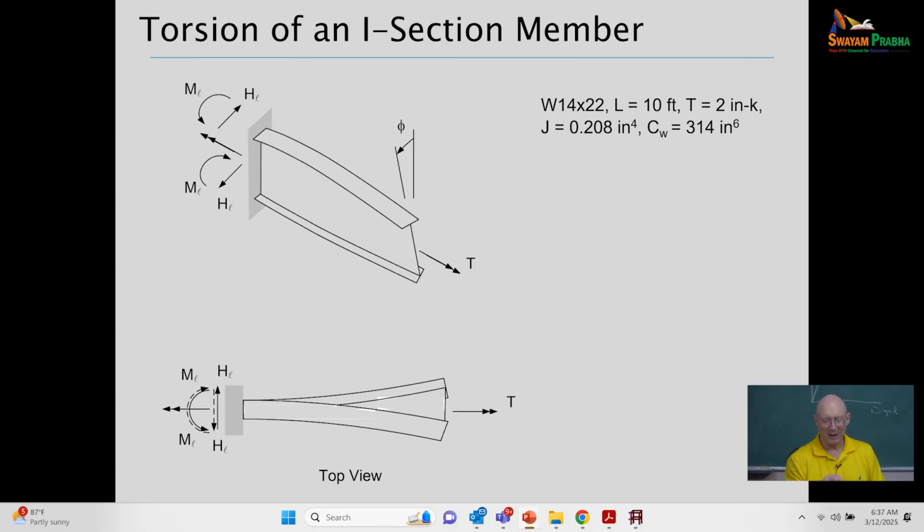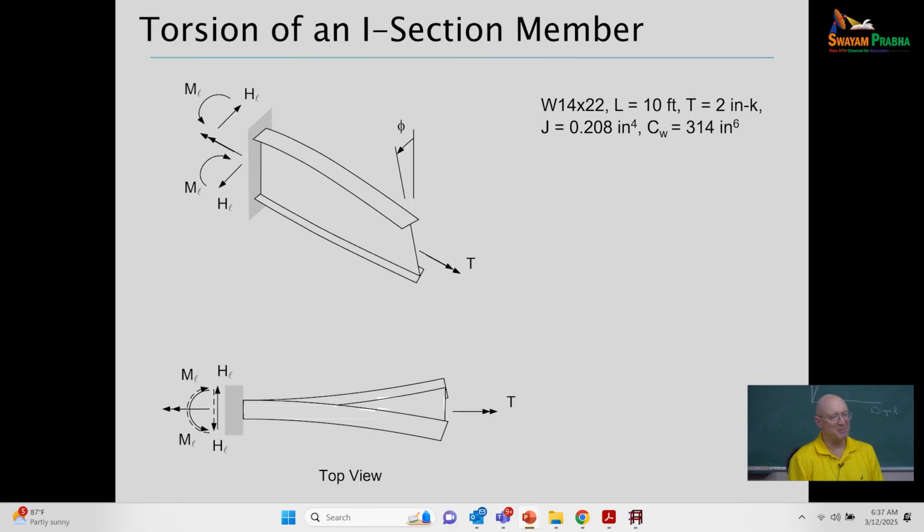Let's twist it, and so if we look down on it from the top, what do we see when we twist that member? Well, the top flange is being bent in one direction, the bottom flange is being bent in the other. Those two flanges are kind of working like beams, right? That's the warping of the cross section, or the warping is cross bending of the flanges here.